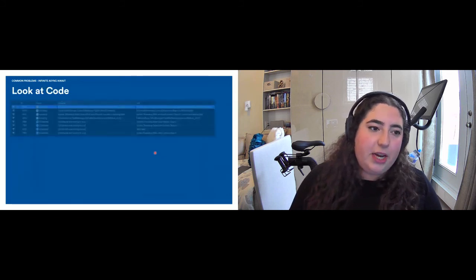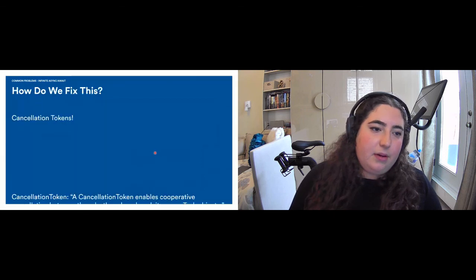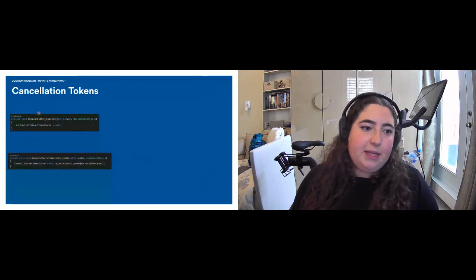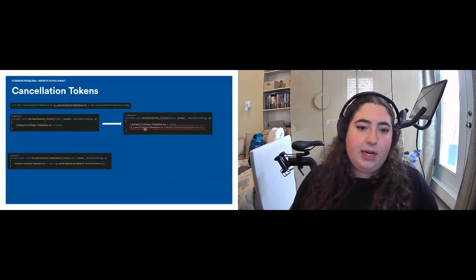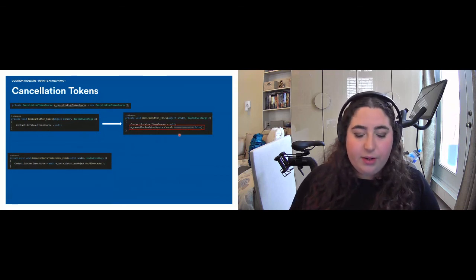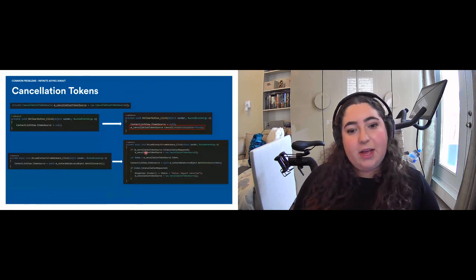So what I'm going to change in my code is that over here in my clear button, I'm going to introduce my cancellation token, and when I click on clear, I'm going to cancel my cancellation token, which is going to cancel my tasks. And on my load contacts from database, what I will be doing is first I'll be checking to see if I have a cancellation requested.